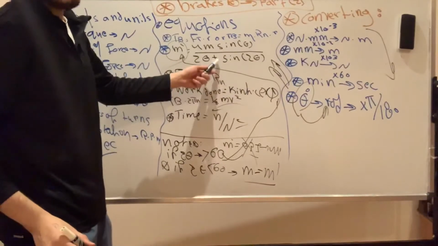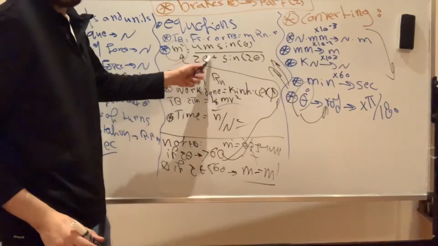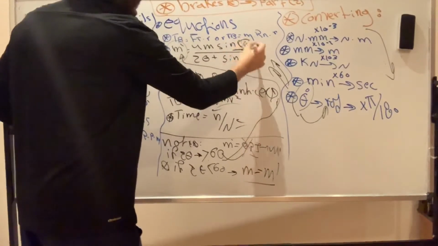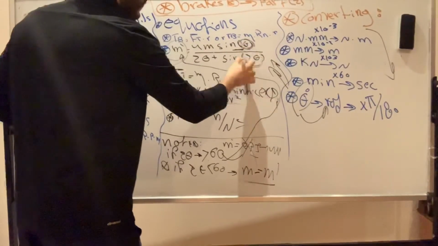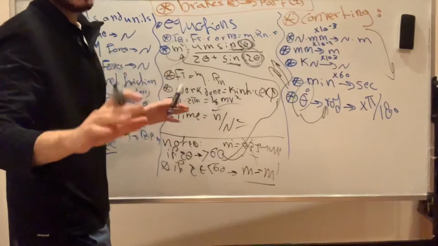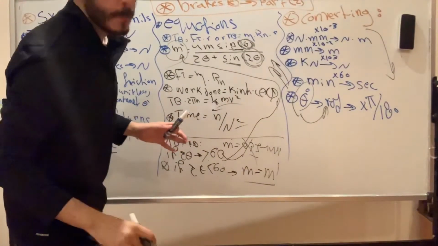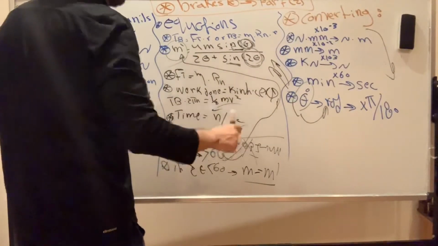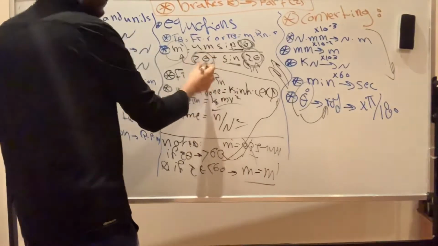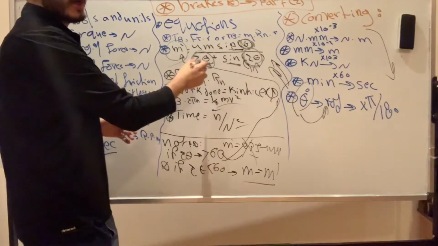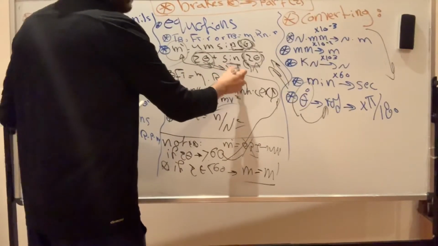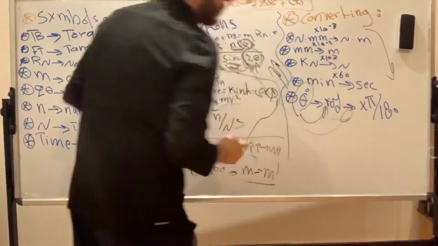Here on the sine I will put degree, and on the sine I will put degree, and the cosine I will put degree. In the 2 theta, without cosine and sine, I cannot put degree. Here I am supposed to put rad, and I know how to convert it.